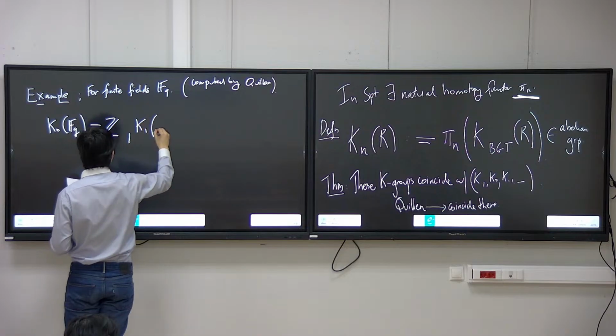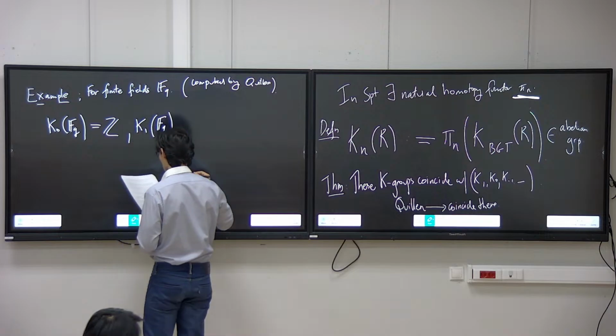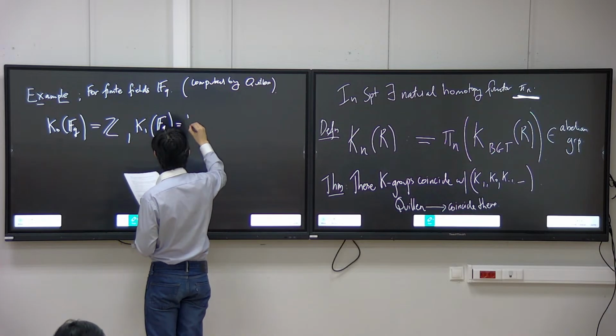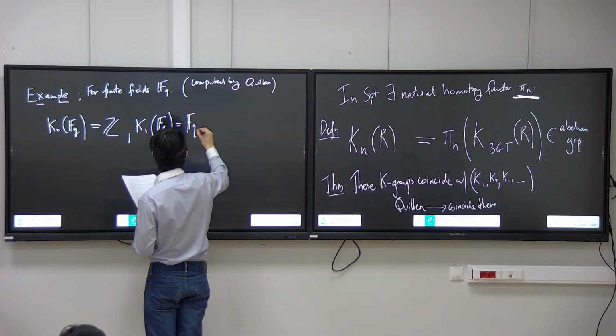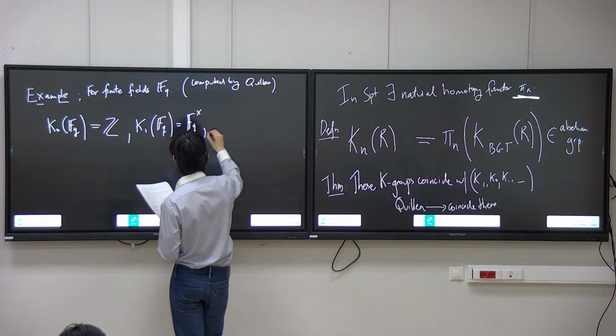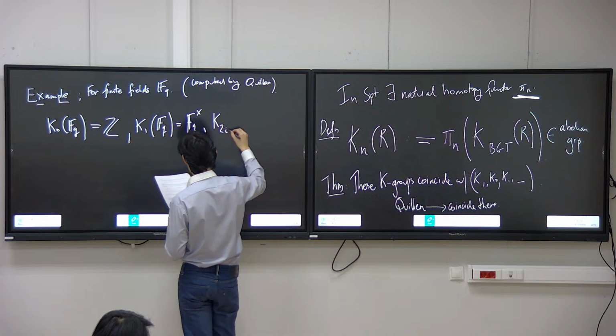K1 of F_q. These can be computed basically by hand. Maybe some reciprocity theorem is needed, so there is some number theory going on in the calculations, at least elementary number theory.